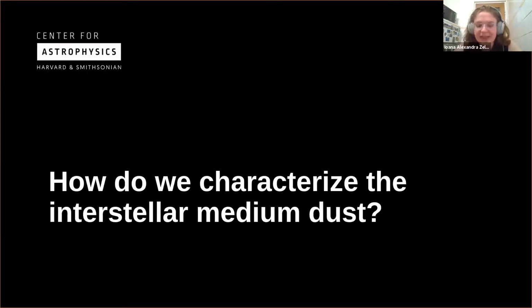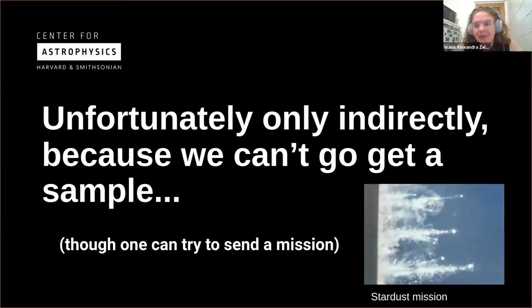This is a question that a lot of people have thought about for a long time, including myself. Unfortunately, we can only characterize interstellar medium dust mostly indirectly because we can't really go get a sample. Though one can try and send a mission, such as the Stardust mission, which was sent to a nearby comet to collect specks of dust.